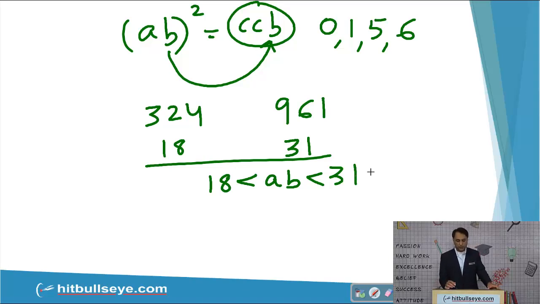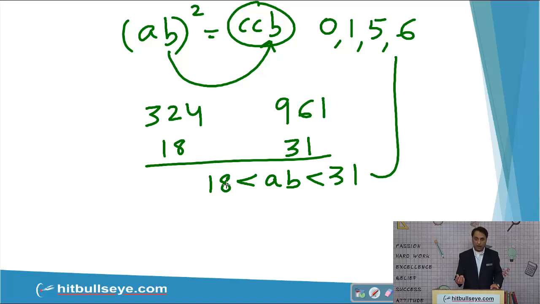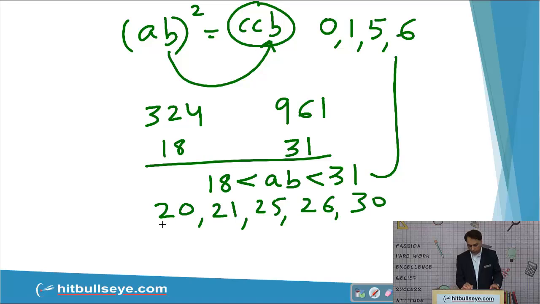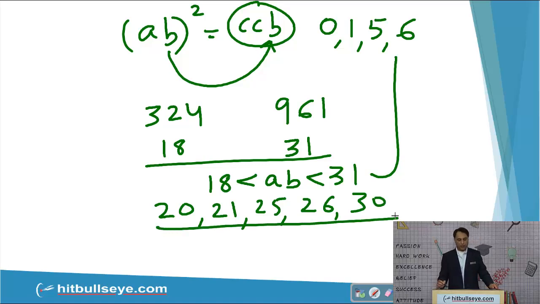Now if we combine this input with this input, as in the number is between 18 and 31 and B is either a 0, a 1, a 5 or a 6. Combining these two, the possible values which AB can take are 20, 21, 25, 26 and 30. Out of these 5 values, only 21 is that number which when squared will end in 1.